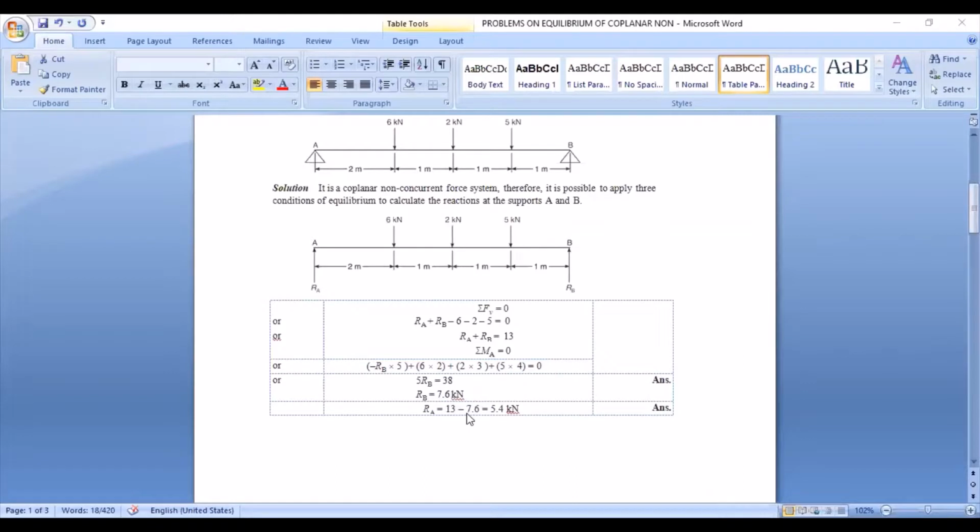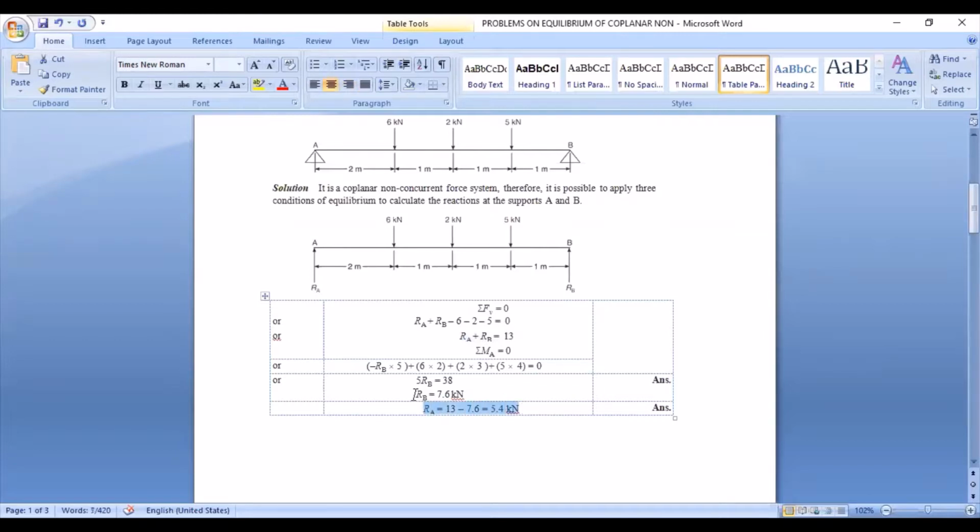Now we know from the previous equation of equilibrium that RA plus RB should be equal to 13. So if you substitute the value of RB in the equation, you will easily calculate the reaction at A.